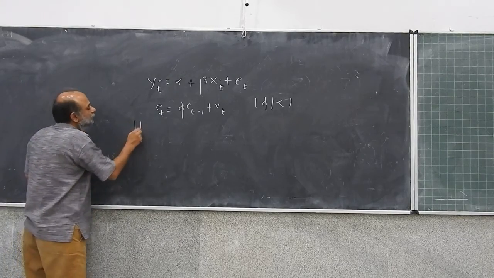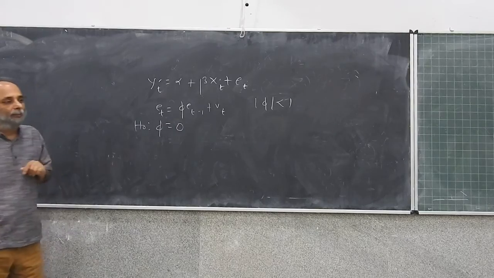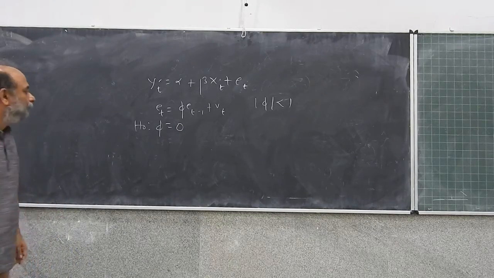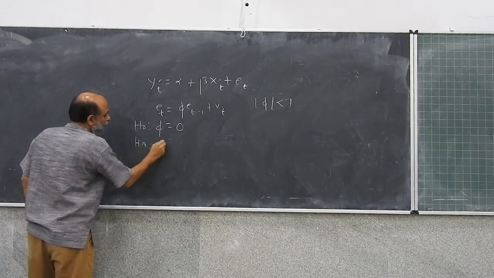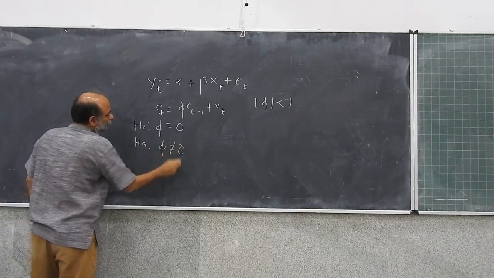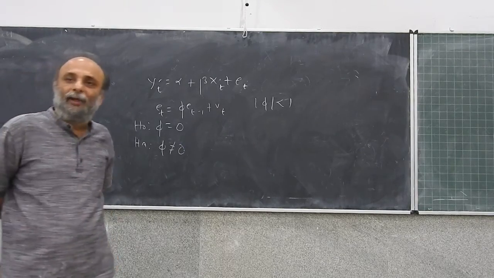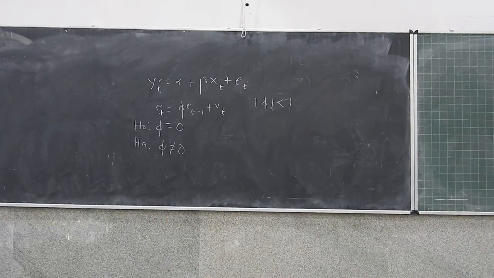So I want to test the null hypothesis of no autocorrelation, which is phi is equal to 0, against the alternative phi is not equal to 0. So we need to test that.